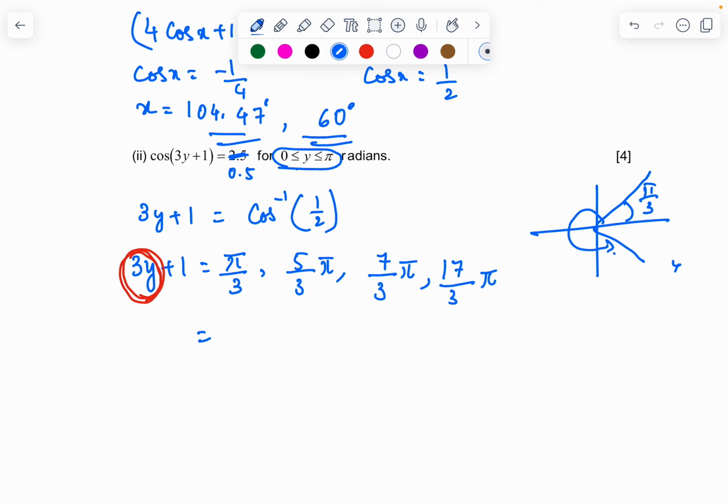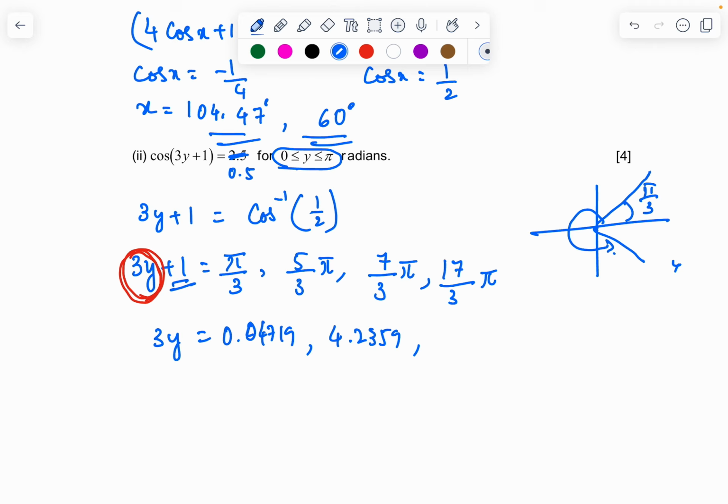So always, for 3y equal to, first you need to minus 1. So pi by 3 minus 1 is 0.04719. Then 5 by 3 pi minus 1 is 4.2359.